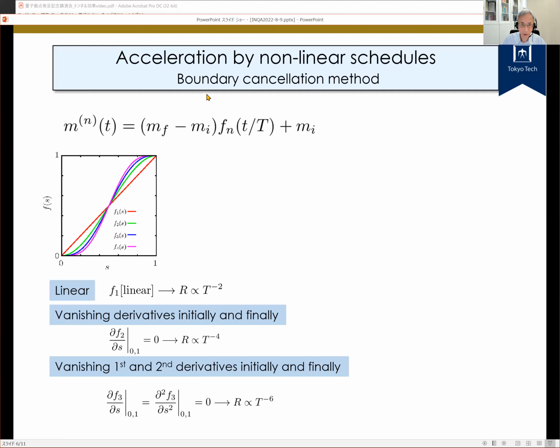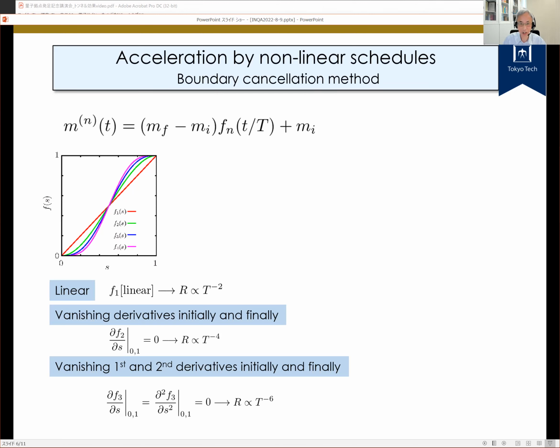But the theory called the boundary cancellation method predicts that if we impose vanishing derivatives initially and finally, then the rate of decrease of the residual energy is enhanced to T to the fourth inverse. And if we further impose the condition that the second derivatives at the initial and final times also vanish, then the rate of decrease is further accelerated to T to the sixth inverse.